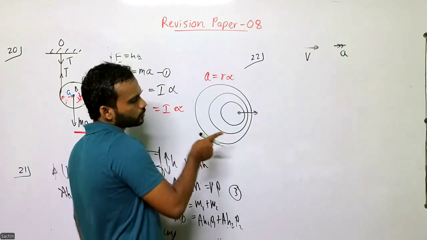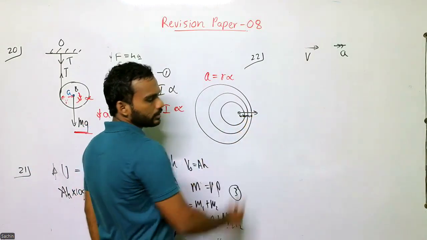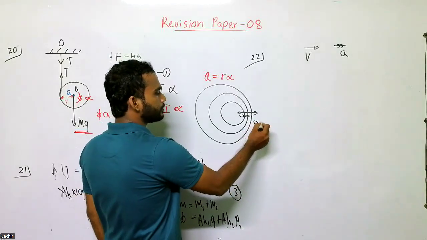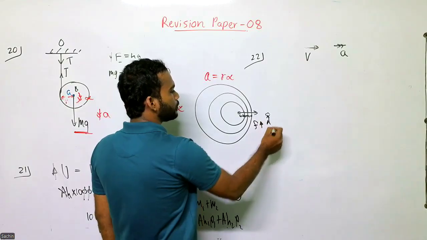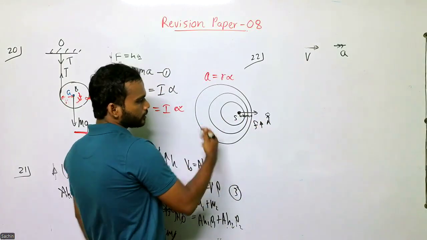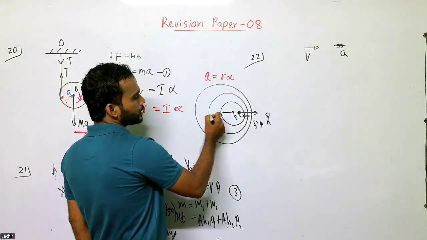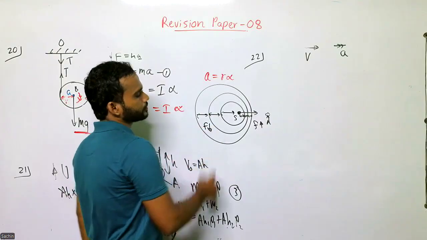What happens is, if the source moves to the right, the wavefronts in front will have lower wavelengths. That means higher frequency. Higher frequency is heard if you stay in front of the source, but behind the source, the wavelengths get increased. That means lower frequency, which you can hear.